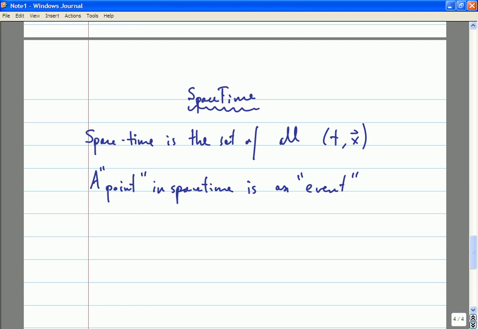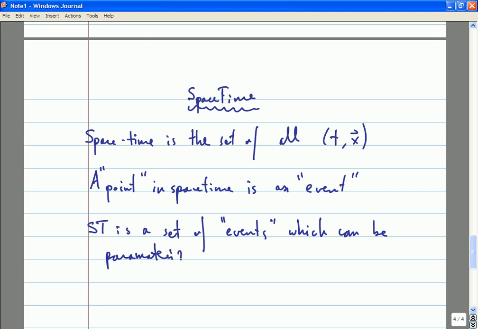So what is space-time then? Space-time is a set of points or a set of events which can be labeled or parameterized by a coordinate system such as Cartesian coordinates or polar coordinates in a smooth way.